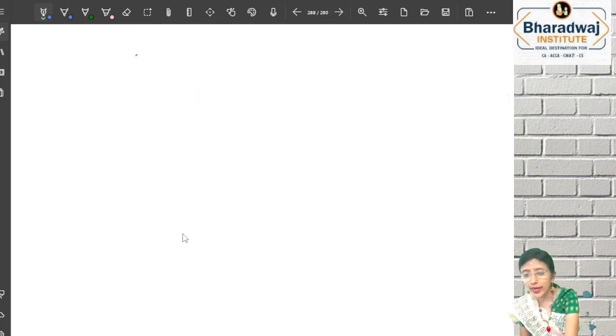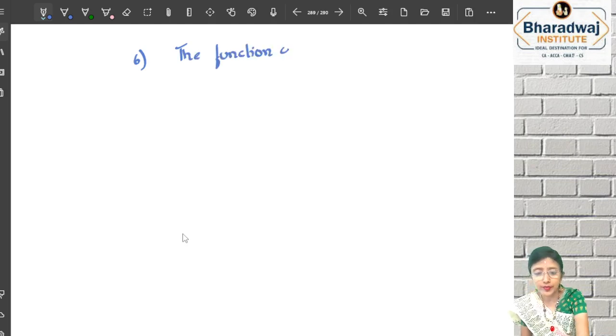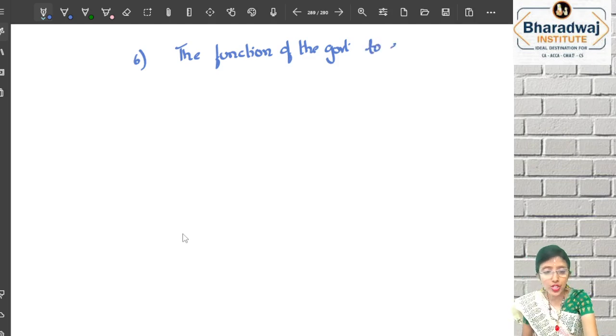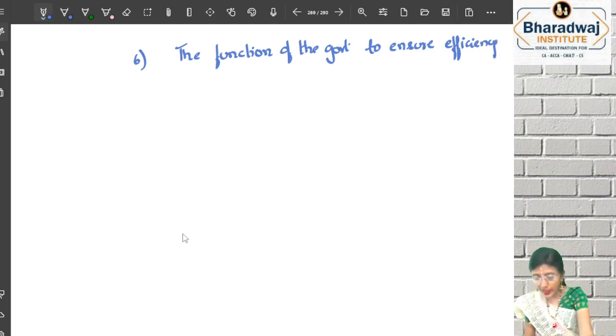I will do some 8 questions here and stop. 6th one is the function of the government to ensure efficiency. Now, which function you have to do? Because all 3 functions are meant for betterment only, isn't it?